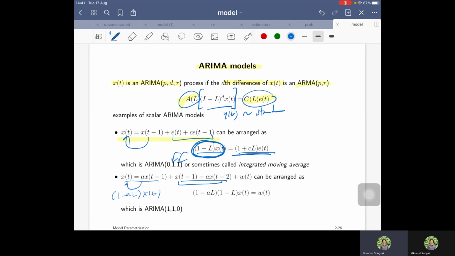And then you have another term. If you arrange the equation, it looks like you make a differencing of x once here and another one here, (1 minus AL). After taking one order of differencing, you have this appear as an autoregressive polynomial. So this is an ARIMA model with first order integrated and with an AR term of first order.